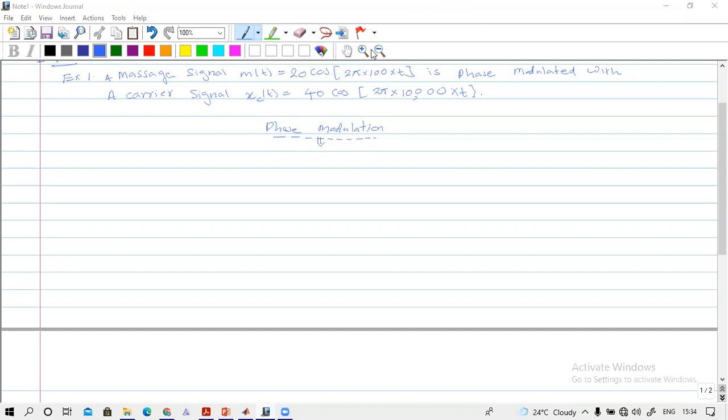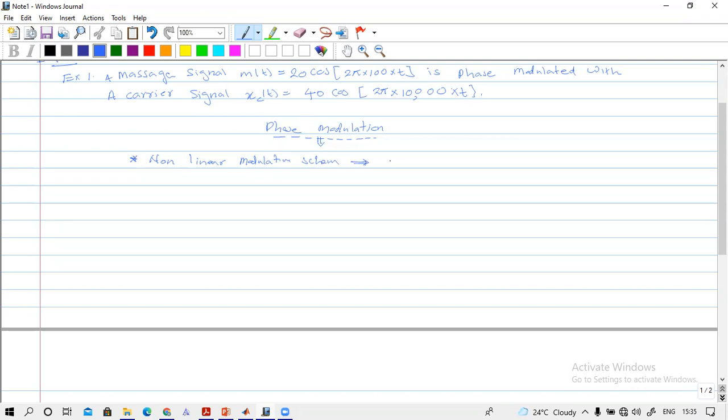First we will see some theories behind phase modulation. Phase modulation is a nonlinear modulation scheme. Nonlinear means several properties are there.